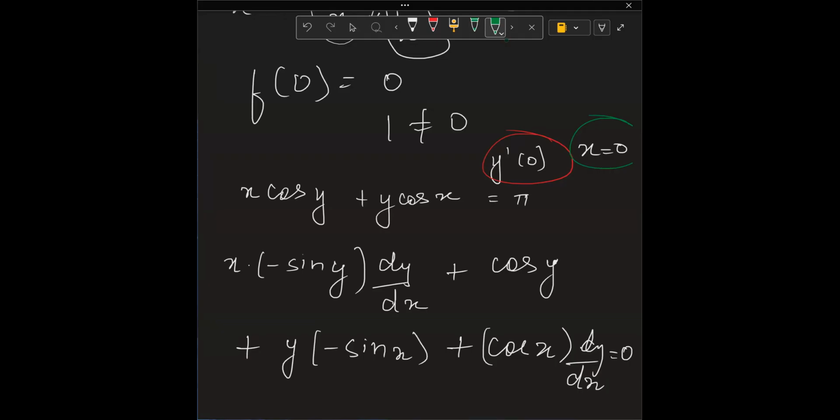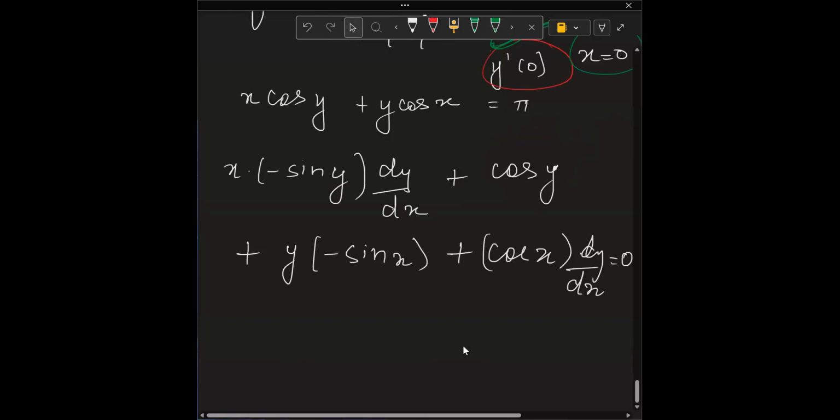Remember one thing, you can't put x equals 0 in the first step, that is going to be wrong. You put x equals 0 only when you have found y dash, that is the derivative of your original function, dy by dx. Then in that dy by dx you put x equals 0. This means dy by dx at x equals 0.